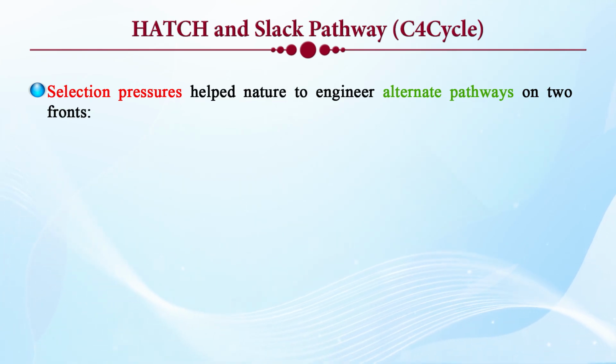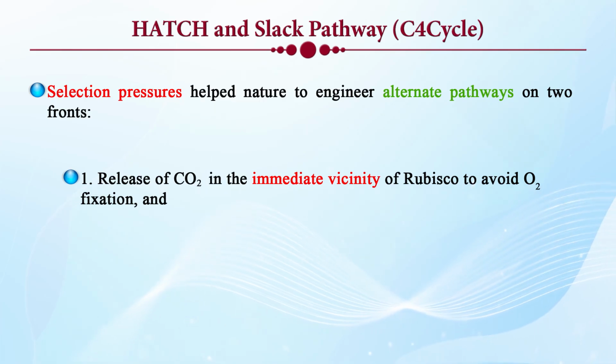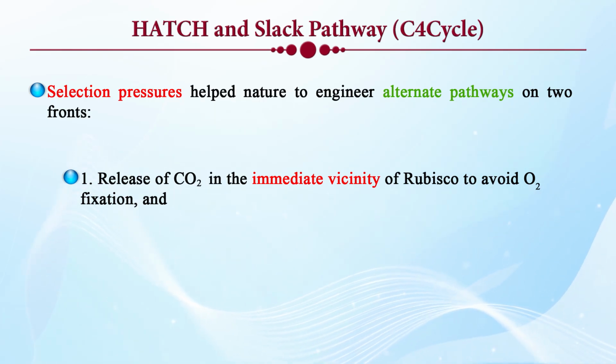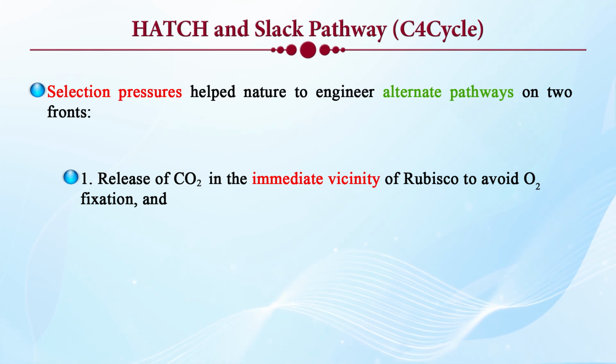More efficient for what? For number one, release of carbon dioxide in the immediate vicinity of rubisco. Because if you remember, we said that rubisco is a bifunctional enzyme. It could act as a carboxylase as well as an oxygenase, depending upon which of the substrates is in higher concentration. So there was one strategy.